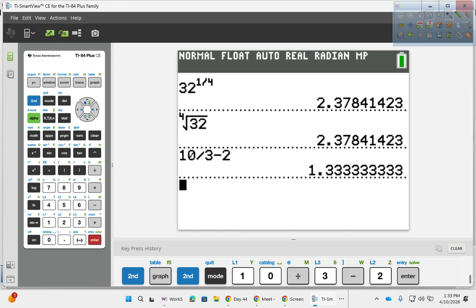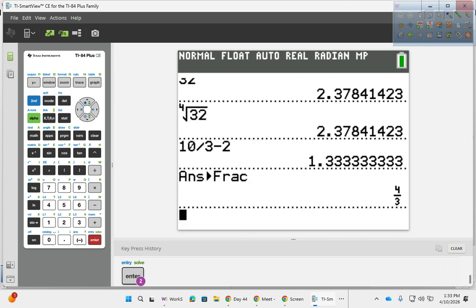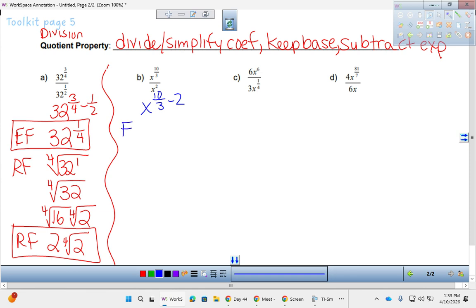If you get a decimal when you do that, you should make it a fraction. So my exponential form is x to the 4/3. If exponential form has an exponent and that exponent is a fraction, you can also make radical form.